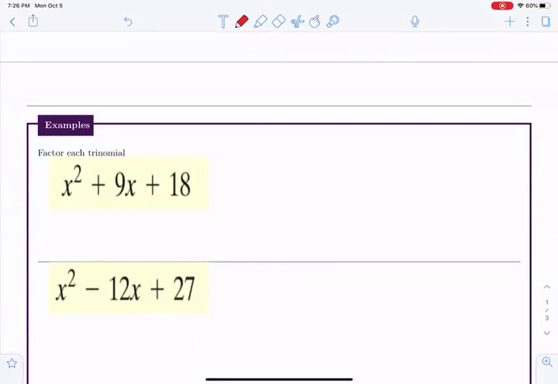So we want to factor this trinomial x squared plus 9x plus 18. So the first coefficient is 1, the middle is 9, the last is 18. So the product of the first and last coefficients is 1 times 18, which is 18.